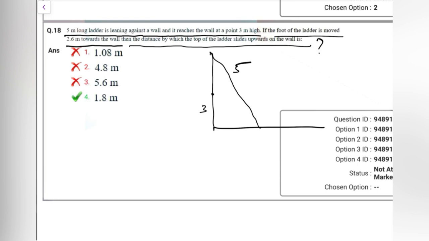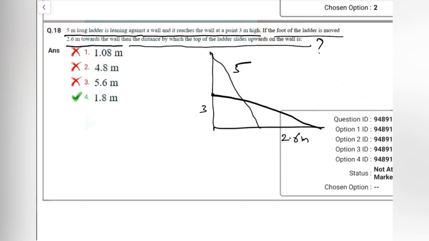If the foot of the ladder is moved 2.6 meters towards the wall, then the distance by which the top of the ladder slides upwards on the wall is.